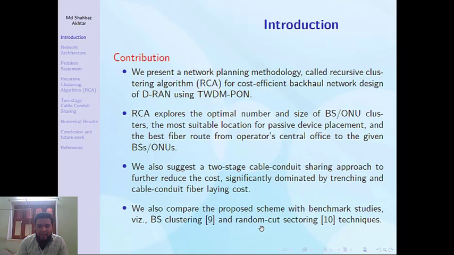We make the clusters and decide the most suitable location for passive device placement and the best fiber route from the operator central office to the given ONUs. This is one way to reduce the cost.